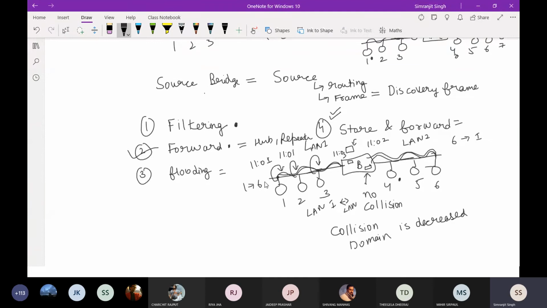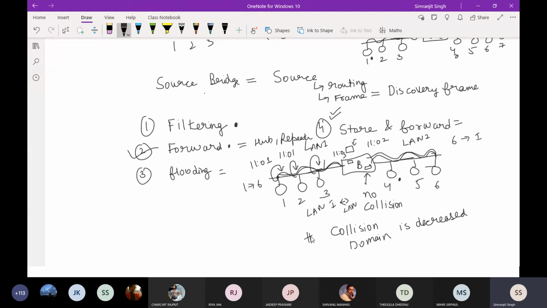If one station from LAN 1 tries to communicate with another station in LAN 2, there will not be a collision between LAN 1 and LAN 2, but there will be a collision inside a LAN. So the collision across the LAN is decreased.